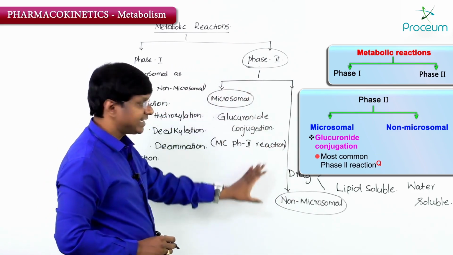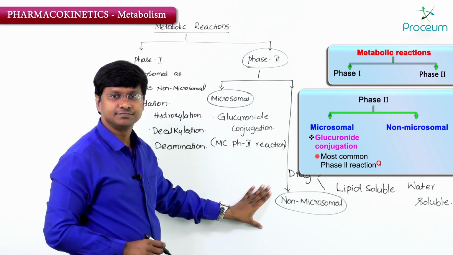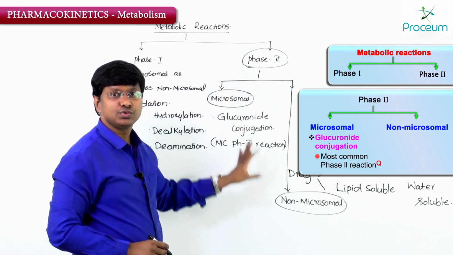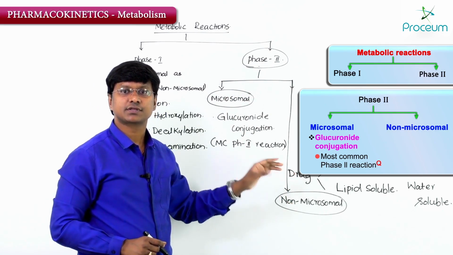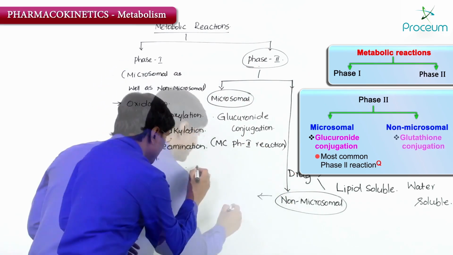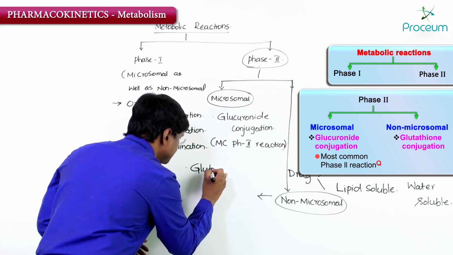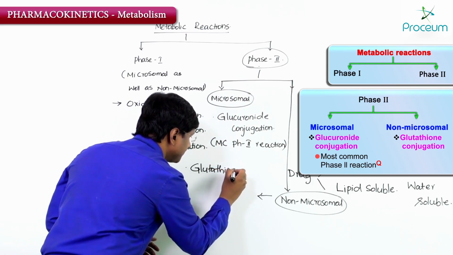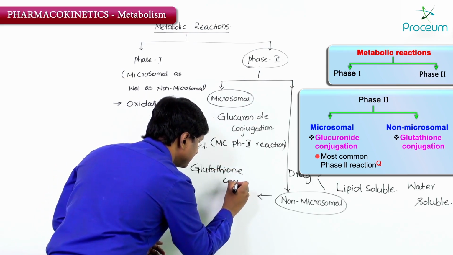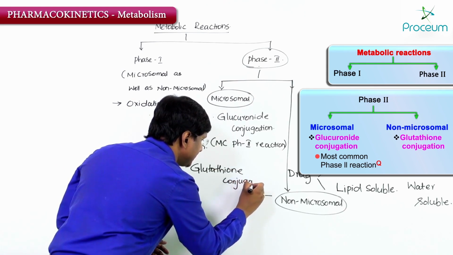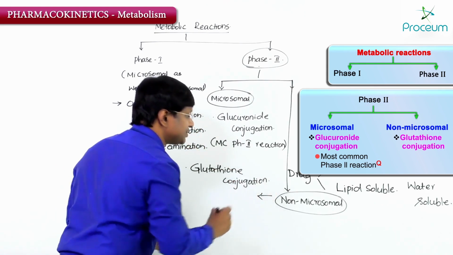Now take the non-microsomal enzyme system. Your phase 2 non-microsomal reactions include glutathione conjugation.